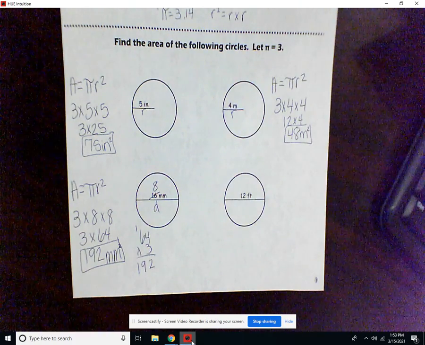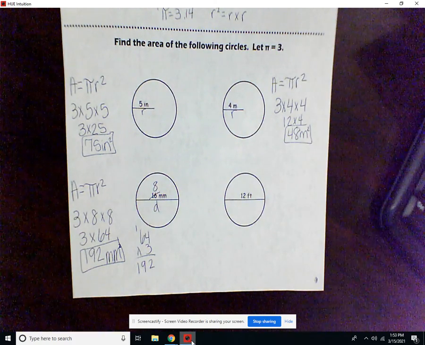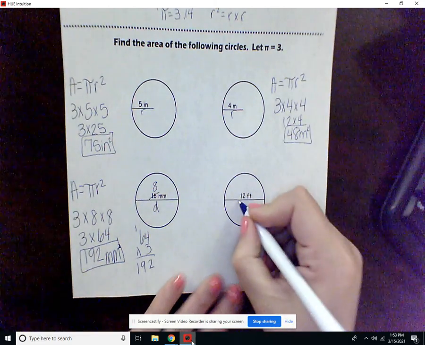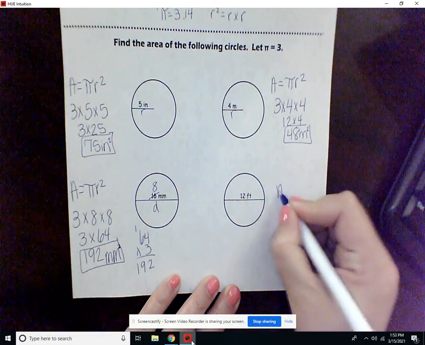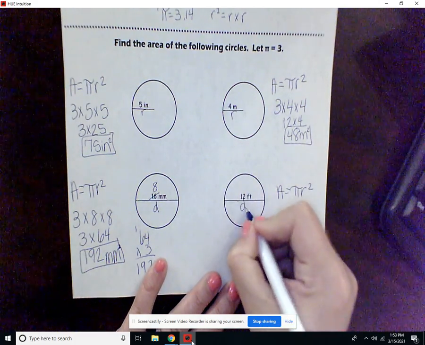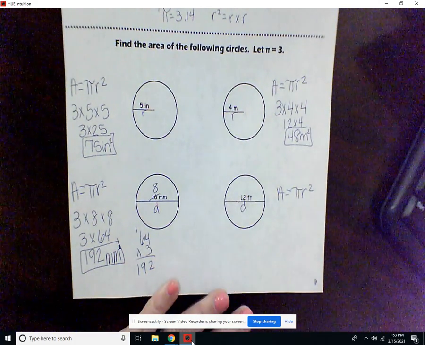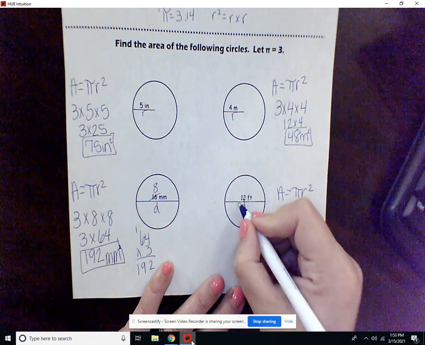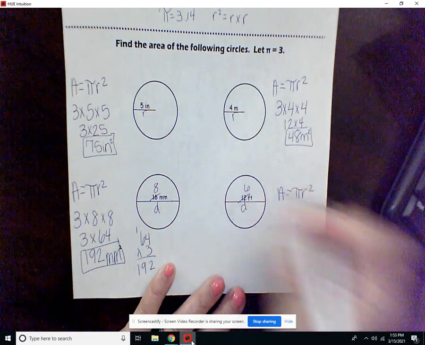Okay, so let's look at 12. We start our formula again, A equals pi r squared. This is a diameter, so we can't just plug 12 in. It has to be a radius. Remember, we cut it in half. Half of 12 is 6.